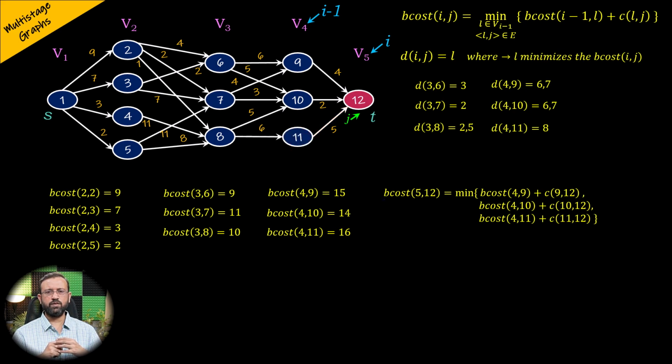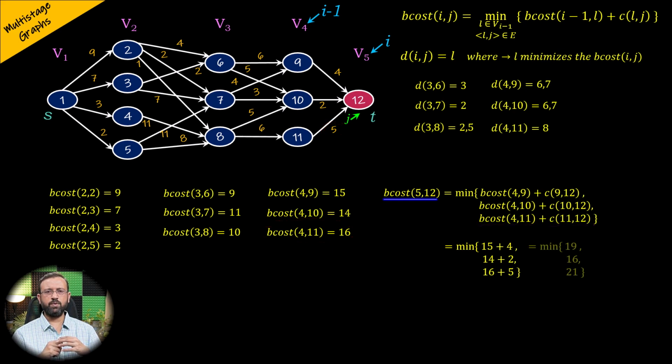So the b cost of stage 5 and vertex 12 is equal to the minimum of b cost of 4 comma 9, which is 15, plus the cost of the edge 9 comma 12, which is 4, and the b cost of 4 comma 10, which is 14, plus the cost of the edge 10 comma 12, which is 2, and the b cost 4 comma 11, which is 16, plus the cost of the edge 11 comma 12, which is 5.